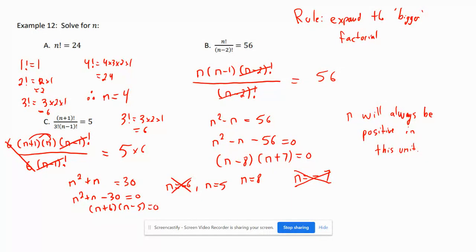Like we did in the last example, guys, we're going to exclude any negative solutions that we have over here because n can't be a negative number. So the solution is n equals 5 for this one.